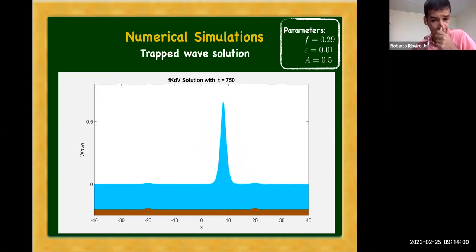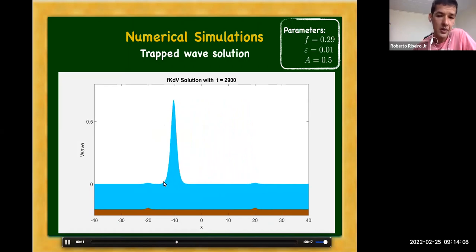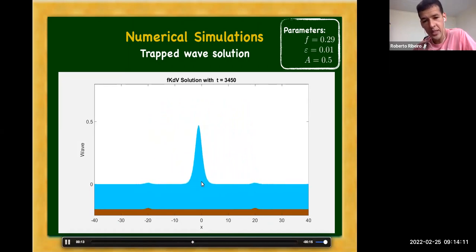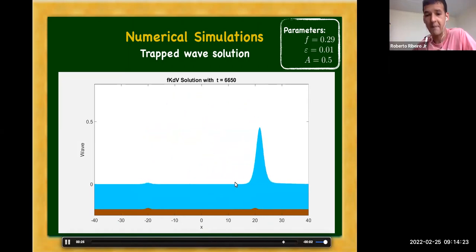As we can see here, initially the wave, this solitary wave, oscillates between the bumps. Because of that, we say the wave is trapped. Observe that the wave is trapped between the bumps. But after some time, as we're going to see now, the wave escapes out of the region.